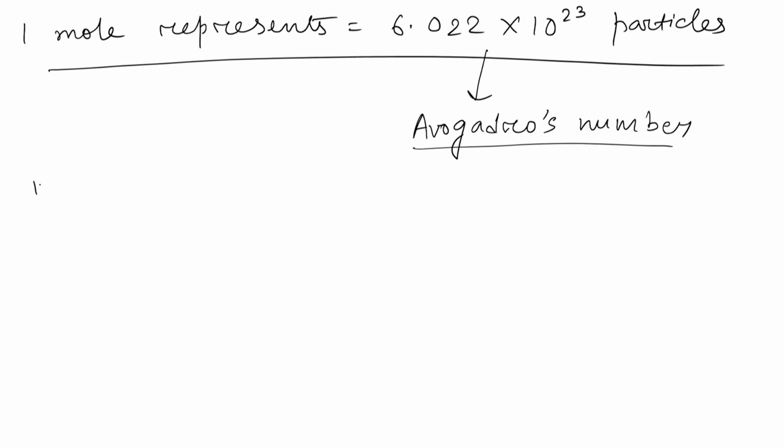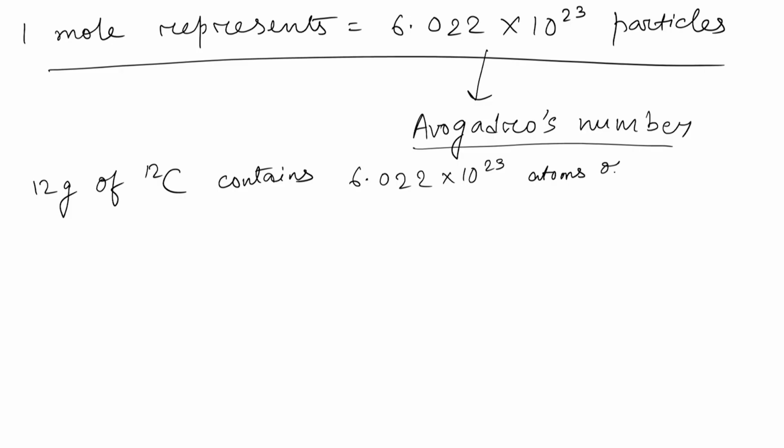So, we can say that 12 grams of carbon-12 contains 6.022 × 10^23 atoms of carbon-12. Why is Avogadro's number specifically this number? That we will study later, but before that we need to understand one thing.